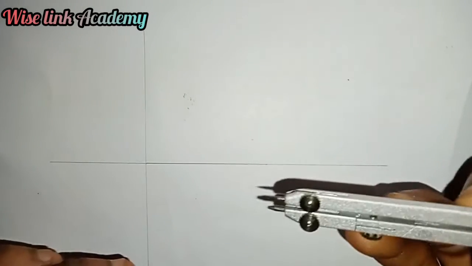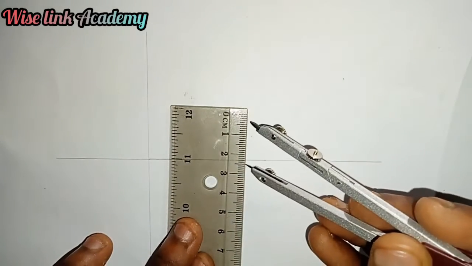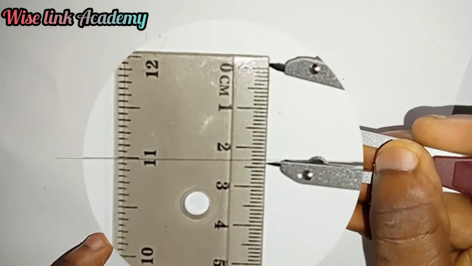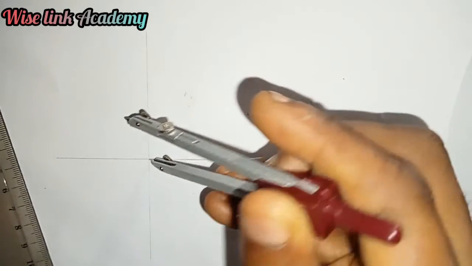Using our compass, we measure 25. From here to here is 25, isn't it? You place it on this point here and draw a faint circle.